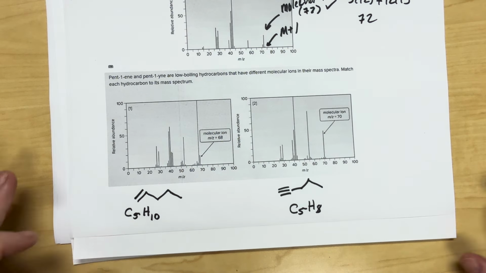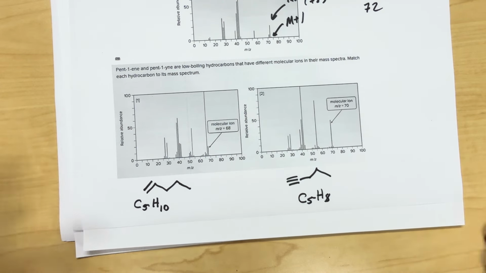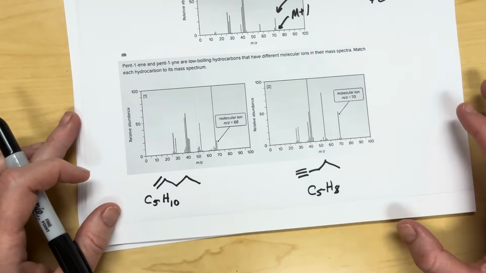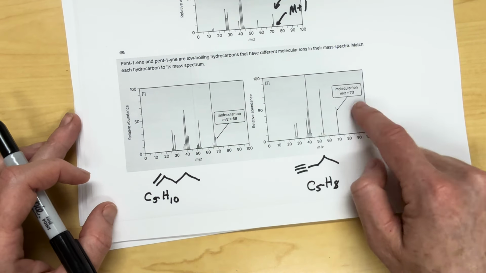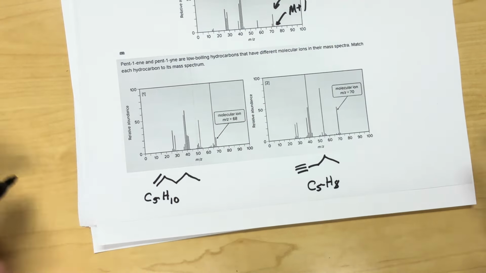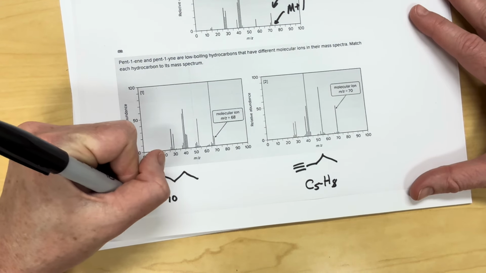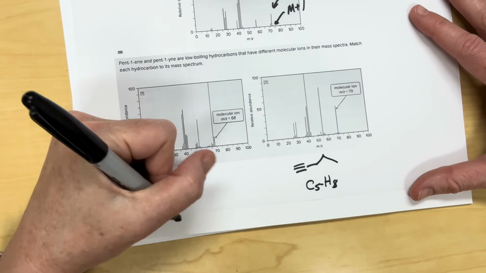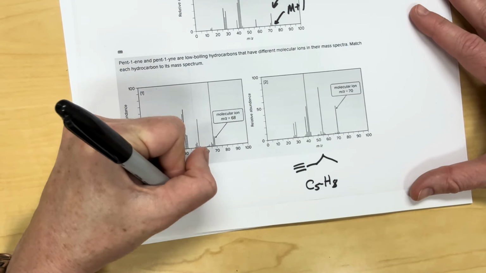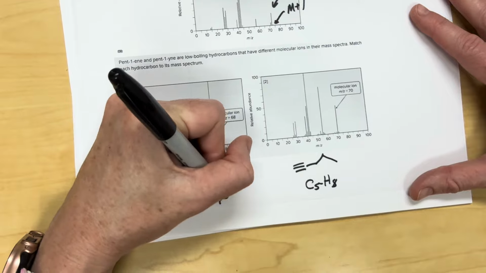Now let's go ahead and see if we can figure out which one's which, though you can probably guess based on this one has 2 higher things, but we know that C5 gives us 5 carbons and then 10 hydrogens, which would be 70.